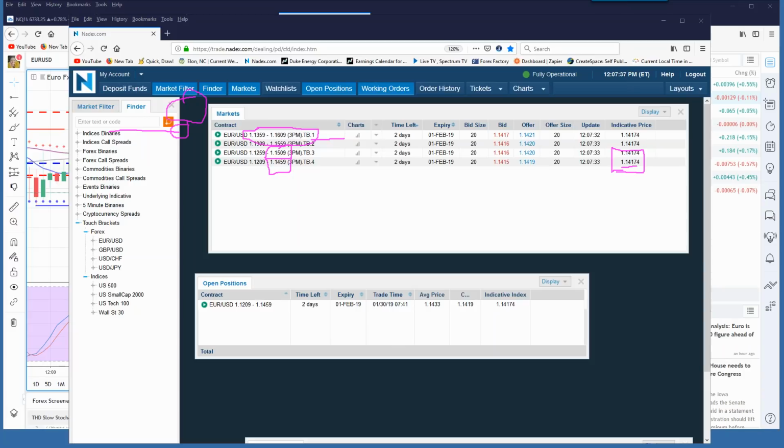Do y'all see that? It just depends on what your bias is. I'm trading a descending triangle. So my bias is to the short side. What if you think, no, she's wrong, it's going up, okay? Then you do the top one, 1359. Understand?